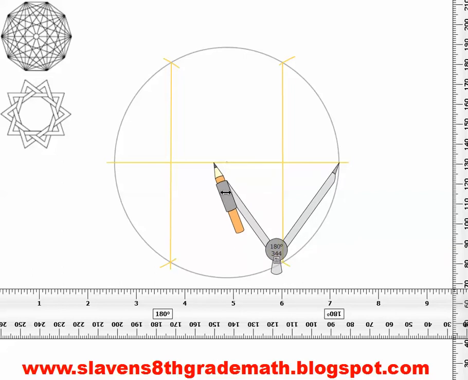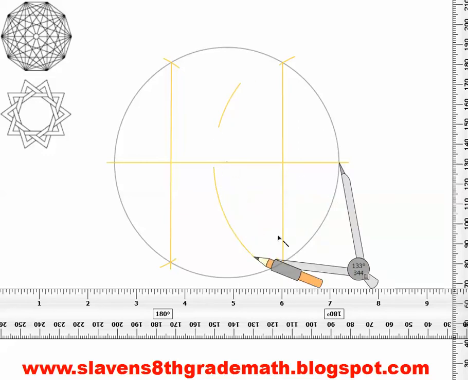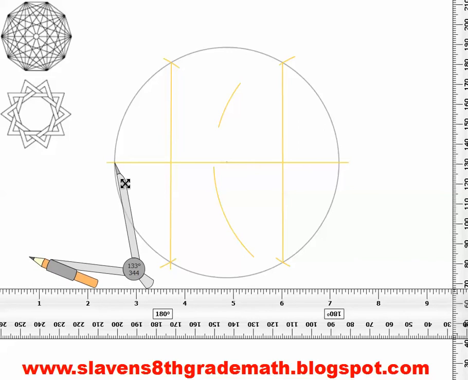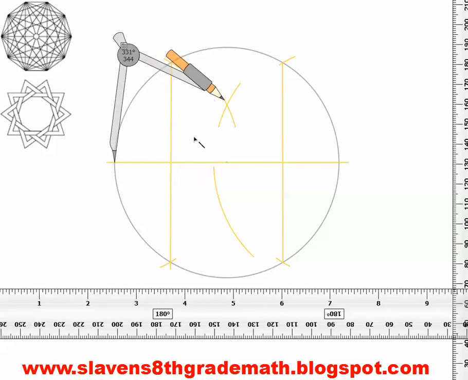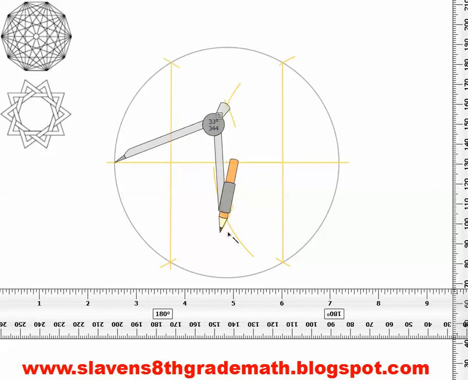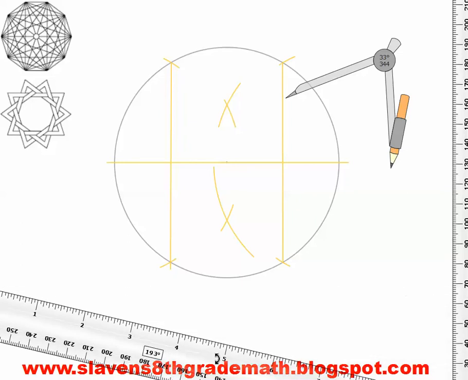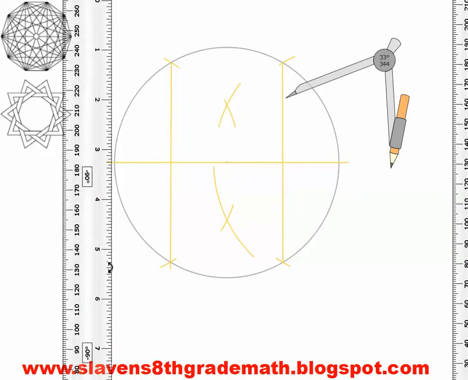I'm going to open my compass past the halfway point, make an arc above and below the diameter, and then I'm going to repeat this step on the opposite intersection of the diameter and the circle, so that I have intersecting arcs above and below. Are we supposed to make it past halfway? Oh, I already messed up. Then I'm going to use my ruler to draw my perpendicular bisector.